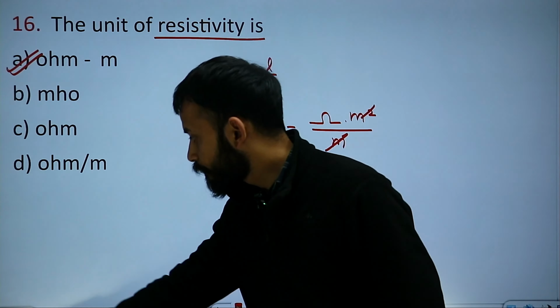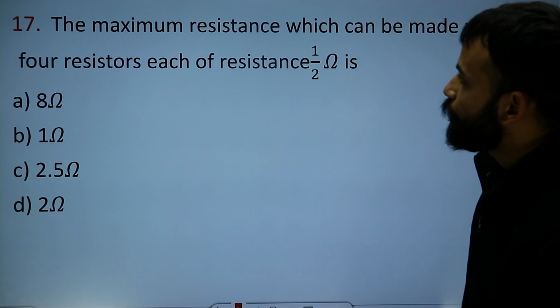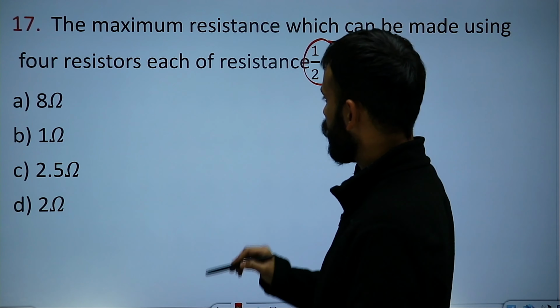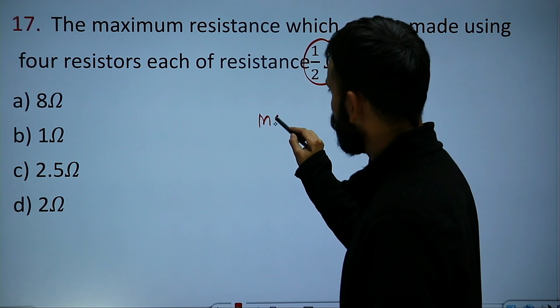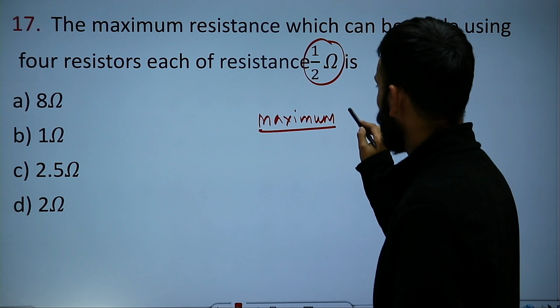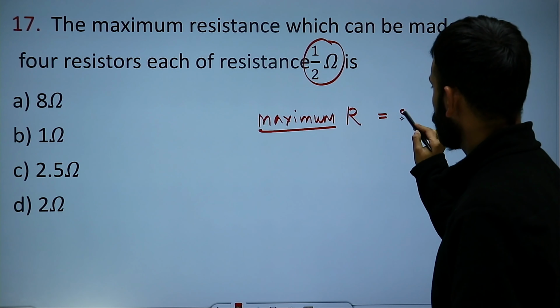Next, the maximum resistance which can be made using 4 resistances, each of resistance 1 ohm. You have to remember one thing: if you want to maximize your resistance, you have to add all the resistances in series.